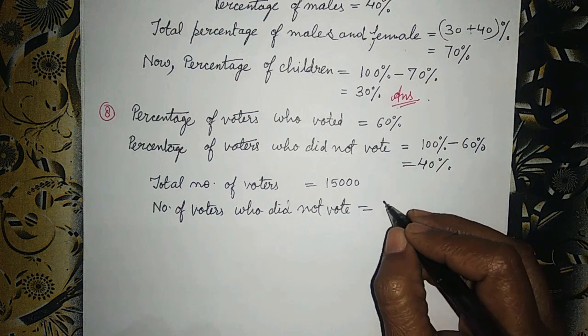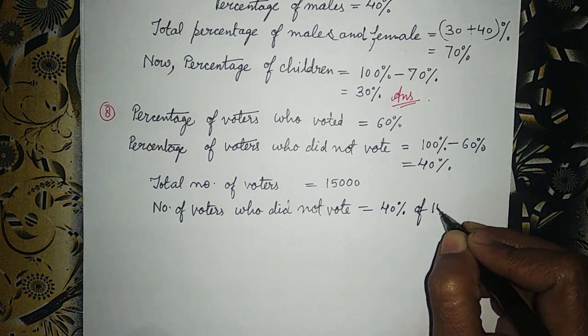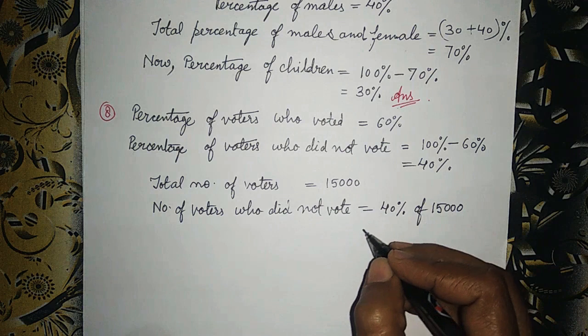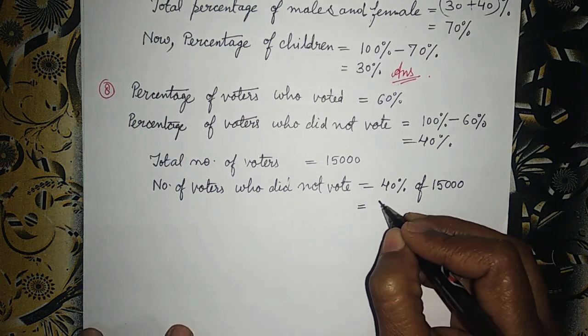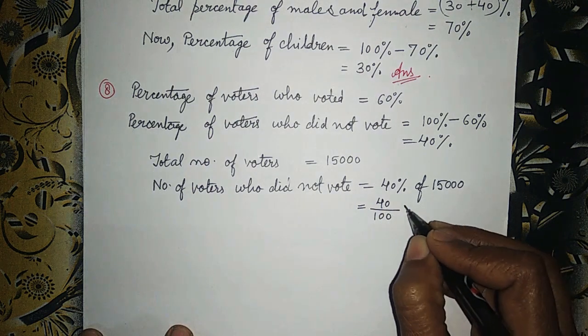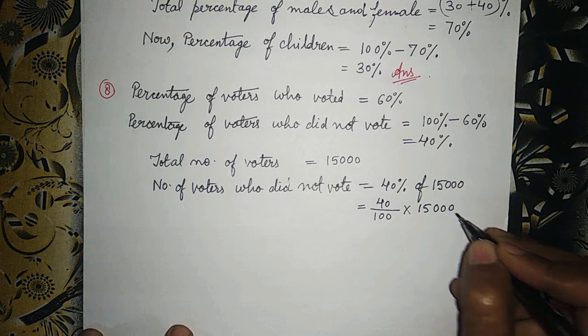Okay, so here we will write 40% of 15,000, and 15,000 is the total number of voters. Now 40% means what? 40 upon 100. Of means multiply, and here we will write 15,000.